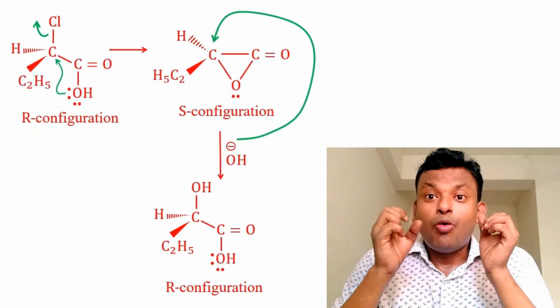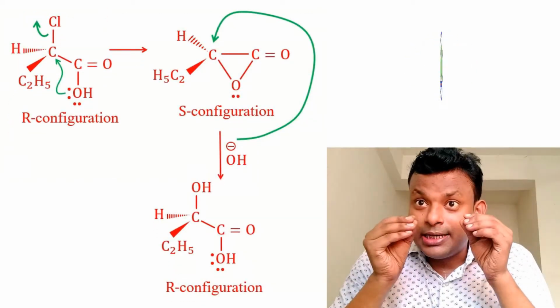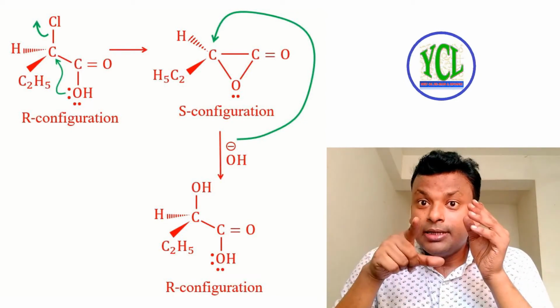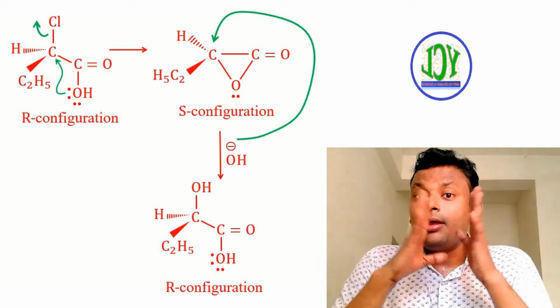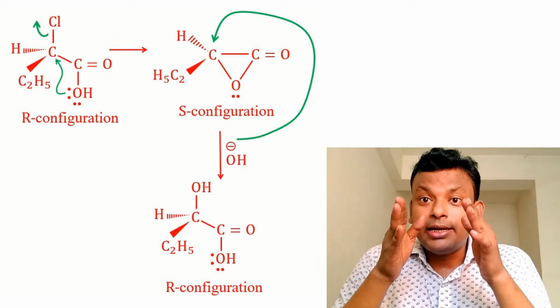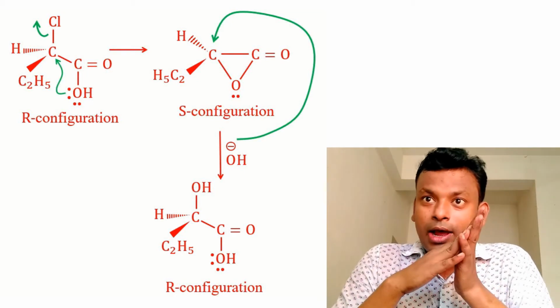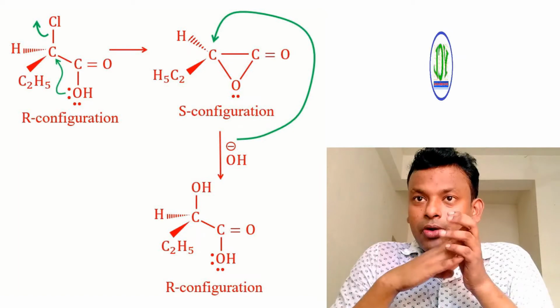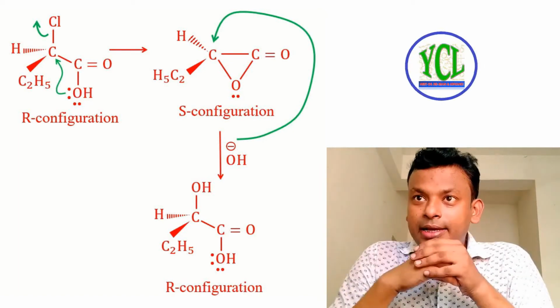Here the COOH group of the carboxylic acid, as the arrow shows, leaves the chlorine atom, that is COOH acts as a nucleophile and displaces the chlorine group and forms a cyclic ring.